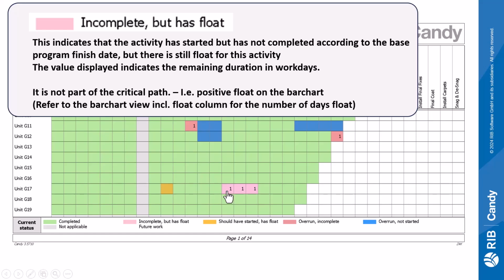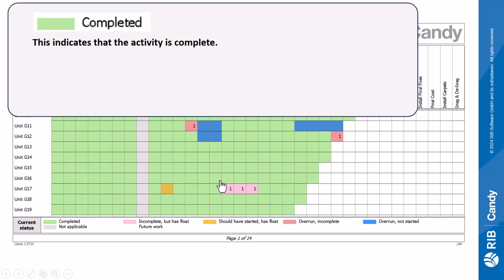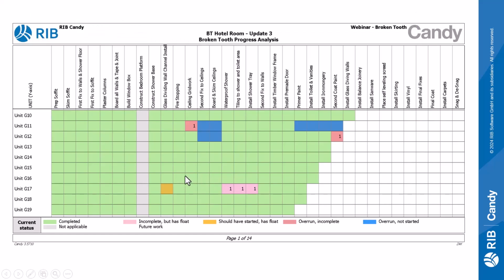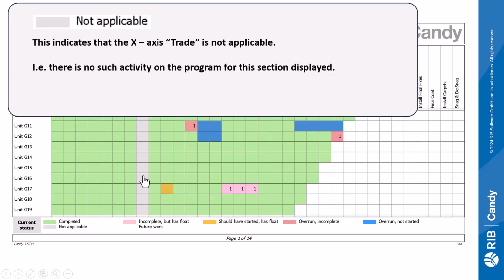And the value that you see displayed is the remaining duration in work days to complete the activity. The green obviously indicates the activity is completed. The gray will indicate that this trade is currently not available in the unit displayed on the screen at the moment.